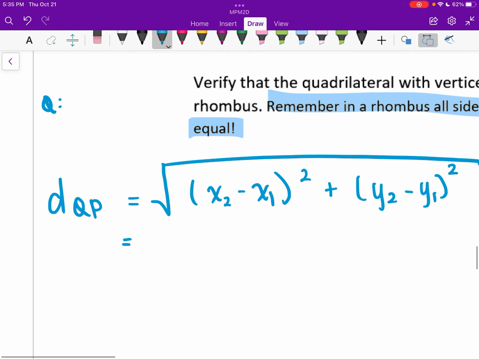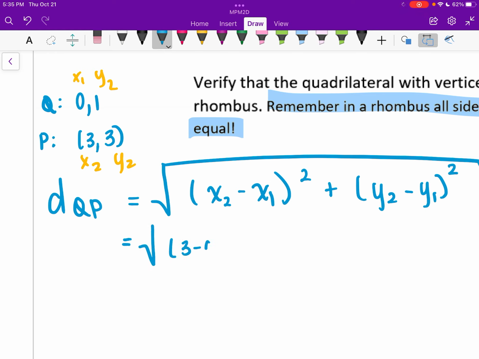Our points for Q were (0, 1). Our points for P were (3, 3). So I'm going to make this x1, y1, x2, y2, right, and plug in our values here. So x2 is 3 minus 0 squared plus y2, which is 3 minus 1 squared.